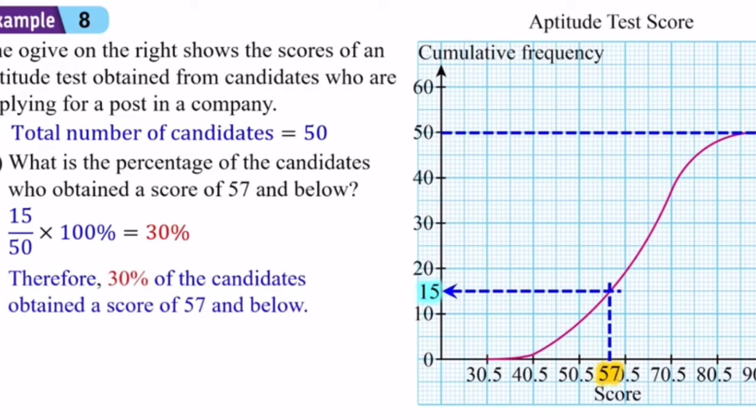So be careful when you write the terms. You have to write 57 and below, because 57 and below is different from 57 and above, right? So be very careful when we use terms in statistics.